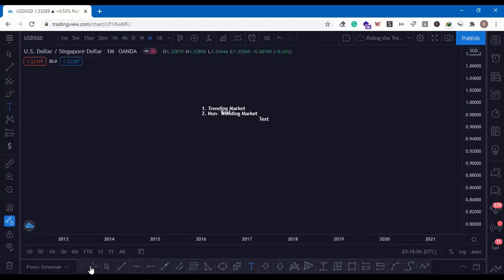Okay, so these are the two types of market that we have.